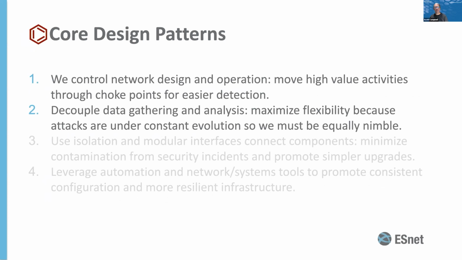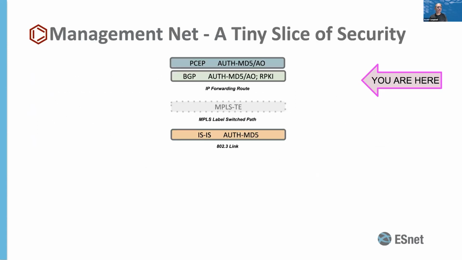And then you decouple data gathering and analytics to provide really good flexibility, because your attackers do not rest. So you should develop an architecture which is fairly nimble so that you can change the way that you look at stuff really fast. You decouple the gathering of the data from the analyzing of the data, and you can then change the way that you analyze stuff really fast.